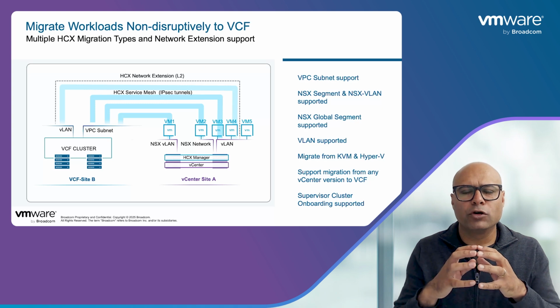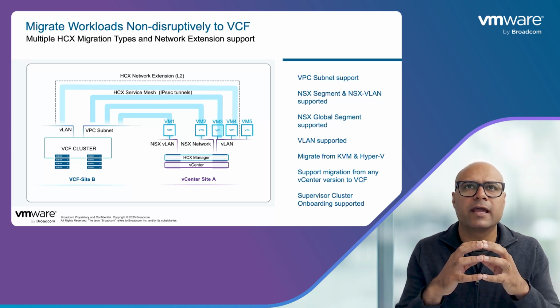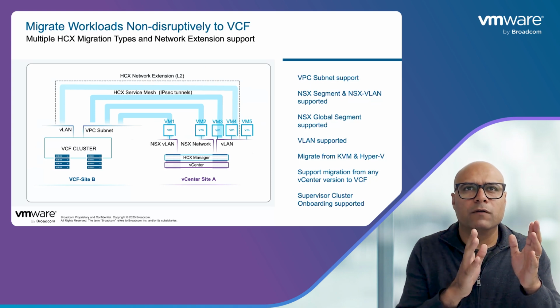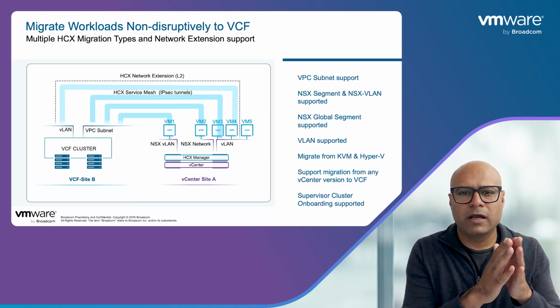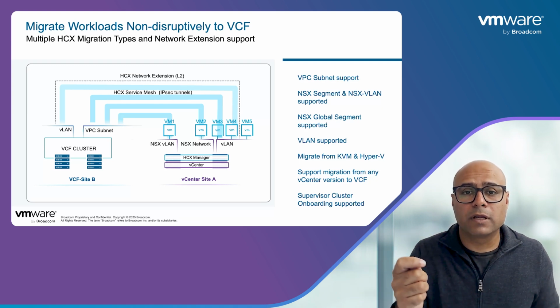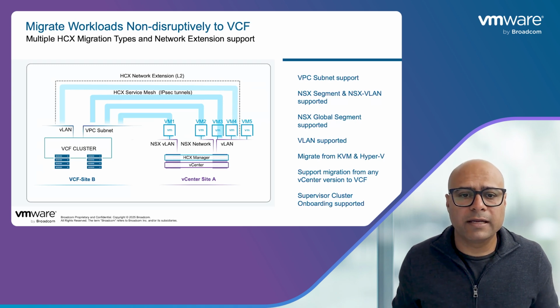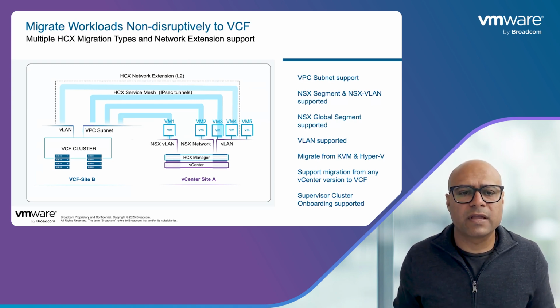And for the majority of the migration types we discussed today, there is a version limit. So you have to have vSphere X plus, and that information can be easily obtained online from the matrix.